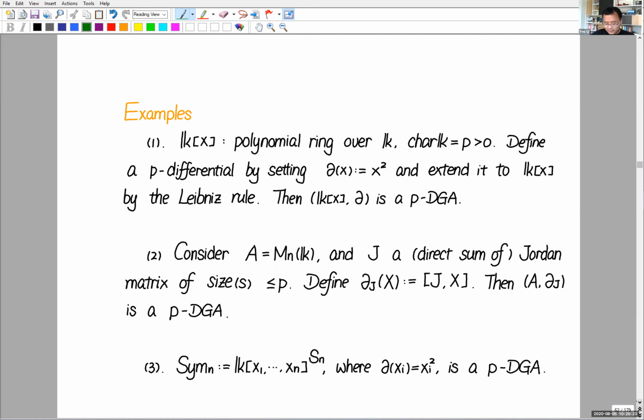So in particular, the symmetric functions in n variables sit as a p-differential graded subalgebra inside the n-variable polynomial ring.